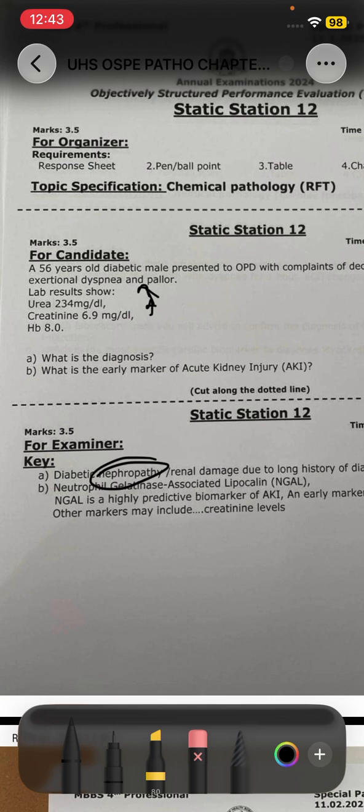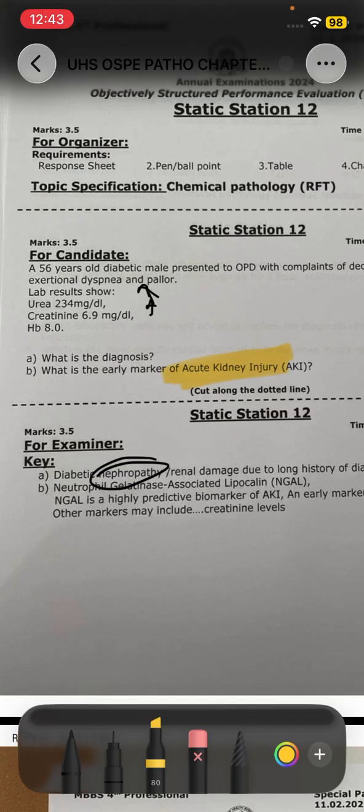And the early marker for acute injury, this is very, very important, is neutrophil gelatinase associated lipocalin. Remember this and put it in your memory: it is NGAL.